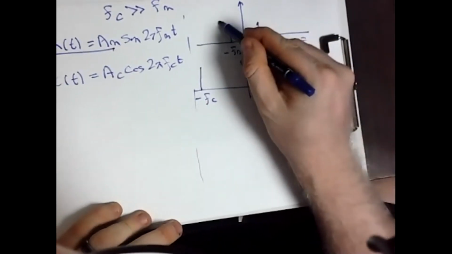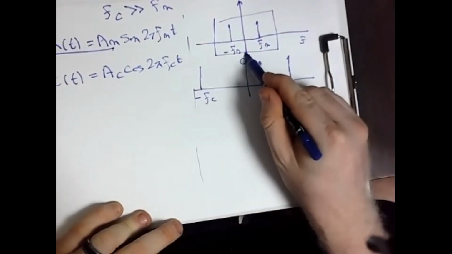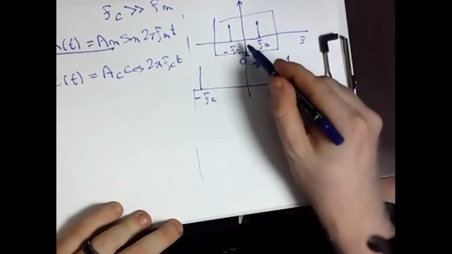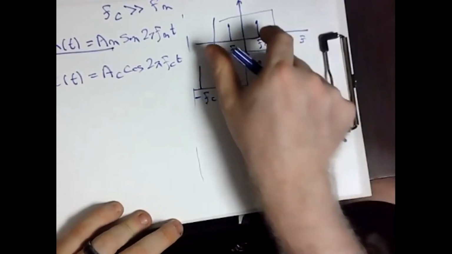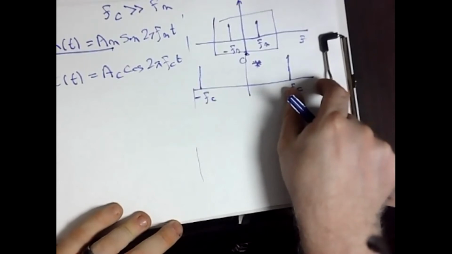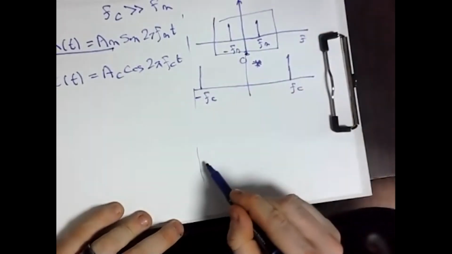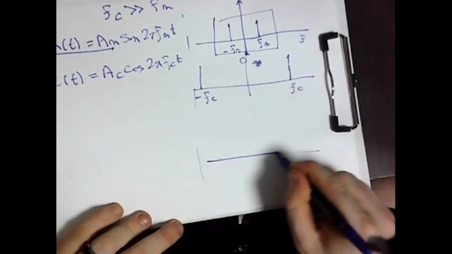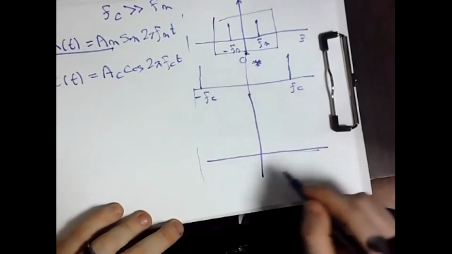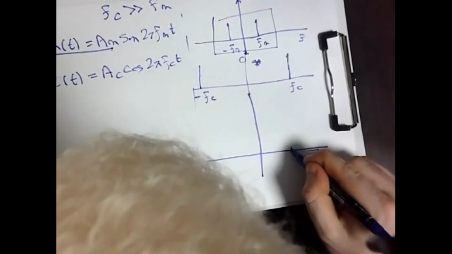So this is your signal, this is your frame. Now this frame is centered around 0, and due to the convolution with delta, this signal will be shifted to this one. So now you will take this portion and shift it here. So what you will get is as follows. Now this is the signal shifted here.